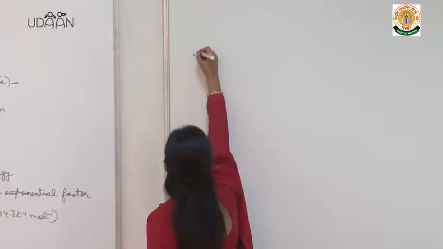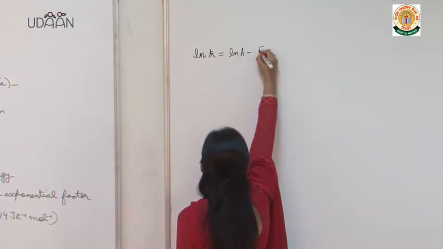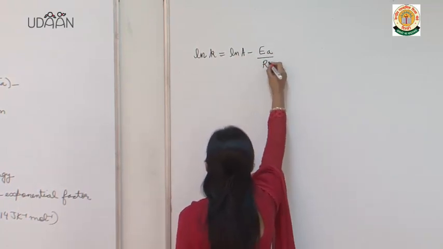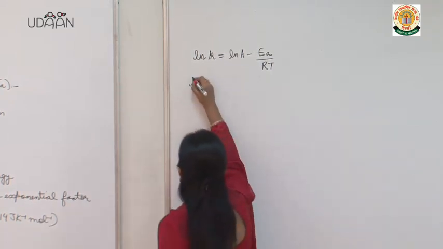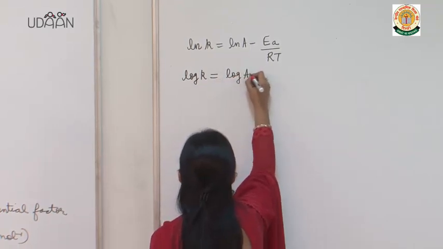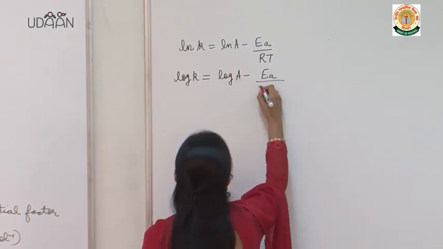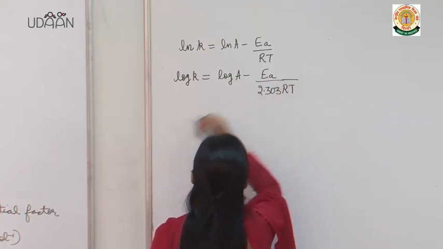If I take log of Arrhenius equation, I will get ln k = ln A - Ea/RT, and if I convert this natural log to the base 10, I will get log k = log A - Ea/(2.303 RT).